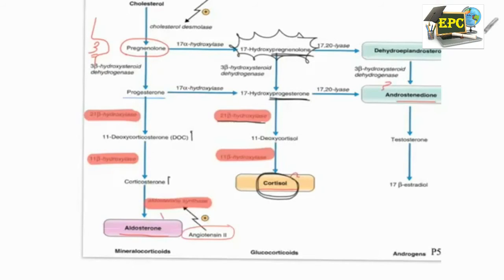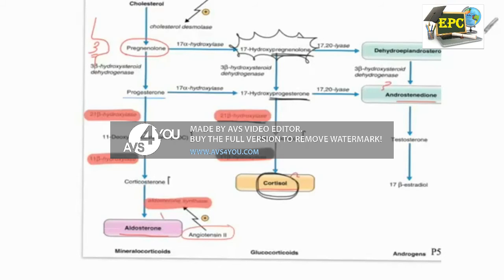And also the 11-deoxycortisol has a similar function as the cortisol, but they don't actually exert efficient function the same as the main hormones such as cortisol and aldosterone. But they can exhibit some degree of functional activity.